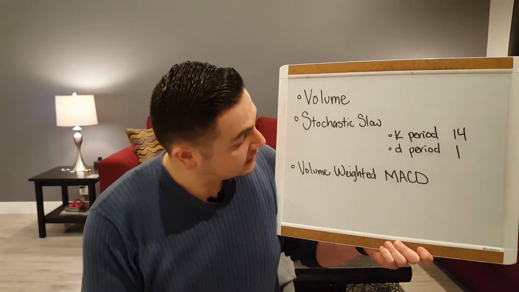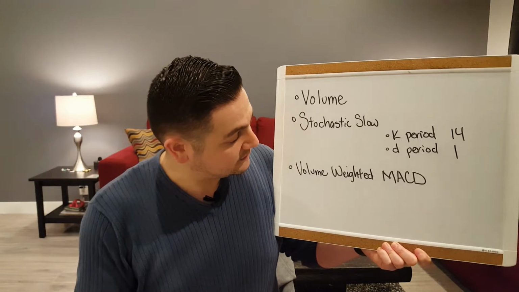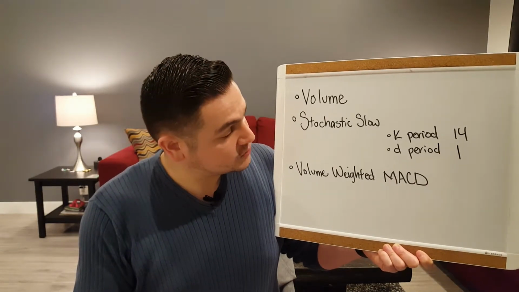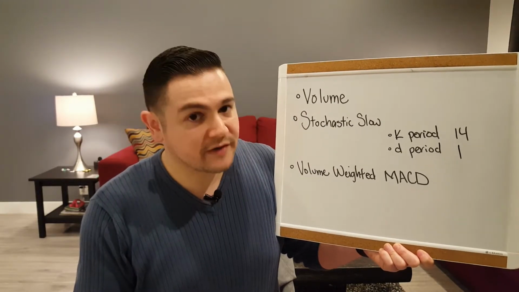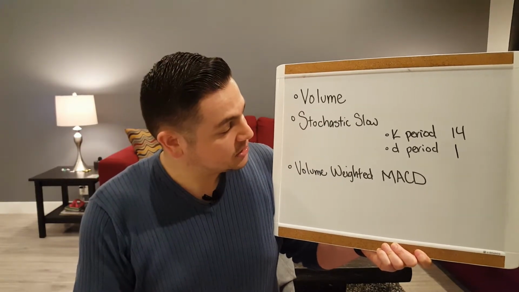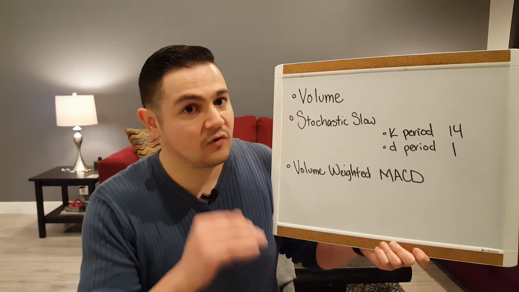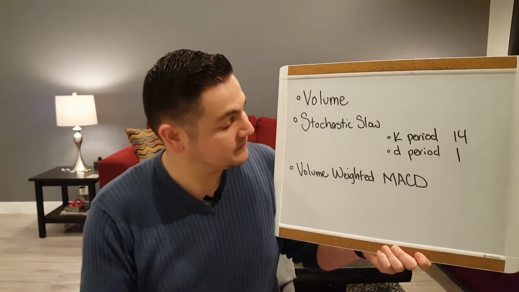And last, we got the volume weight MACD. Now don't get that confused with the regular MACD. This one is the volume weight MACD. So this one, it's more of a reference. I don't use it that much. I just kind of use it to see where the overall trend is going. So in the momentum.